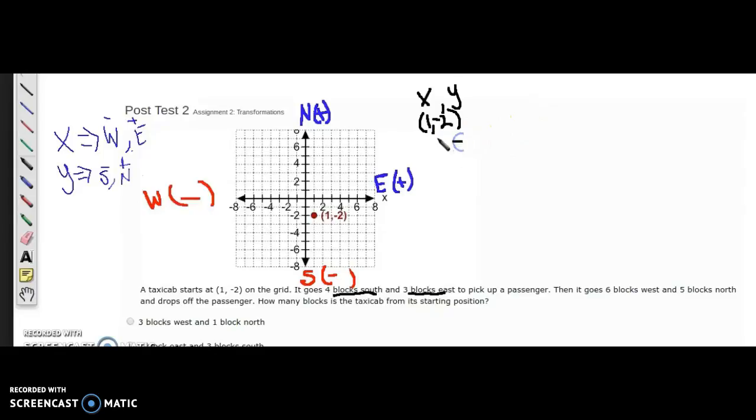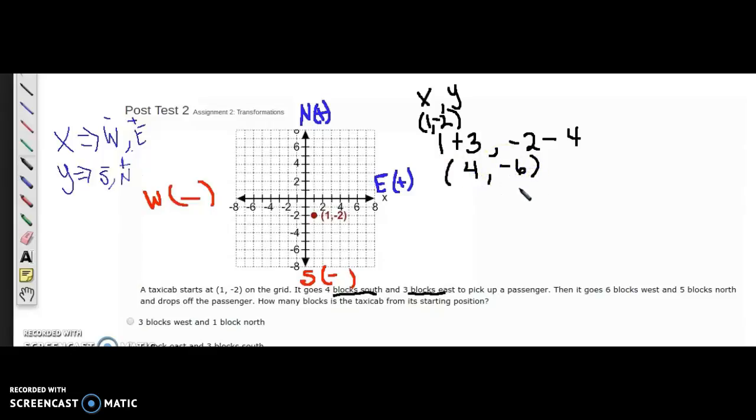We start at 1 and we're going east, that's positive, and we're going 3 blocks east, so that's my x. And then my y, I start at -2 and I'm going south, which is negative, and I'm going 4 blocks. So my new point would be (4, -6).